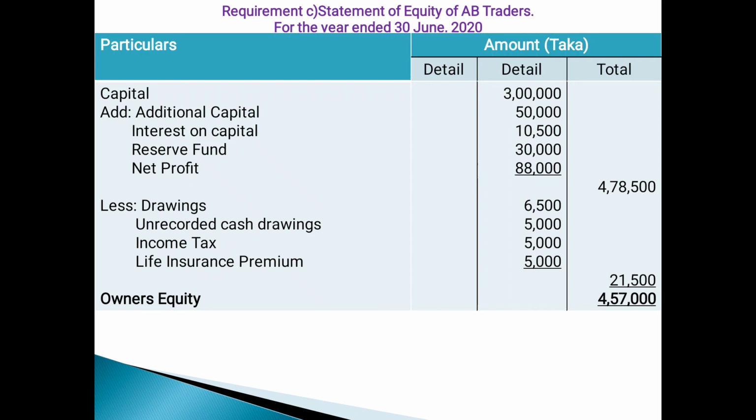Add totally 4 items to be added in this creative question. First one, additional capital from adjustment, Taka 50,000. Interest on capital from adjustment, Taka 10,500. Reserve fund from trial balance, Taka 30,000. Net profit, Taka 88,000, from requirement C. It gives the total amount of capital at this moment, Taka 4,78,500.